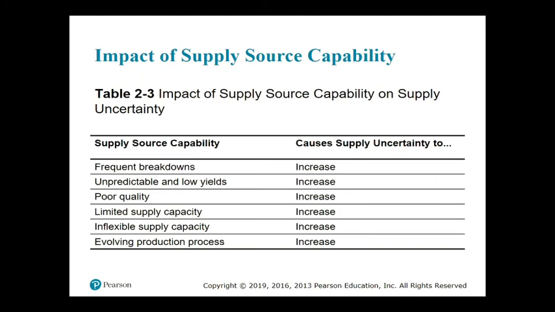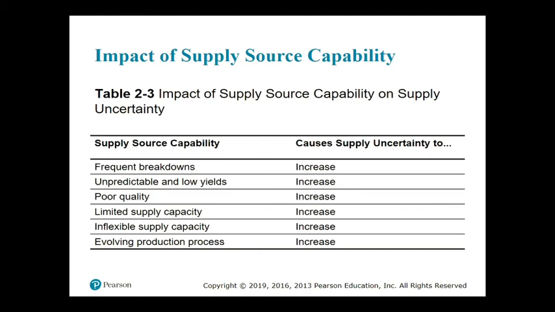Supply uncertainty is strongly affected by the frequency of supply process breakdowns. So the more frequent, the more uncertain the supply process is.